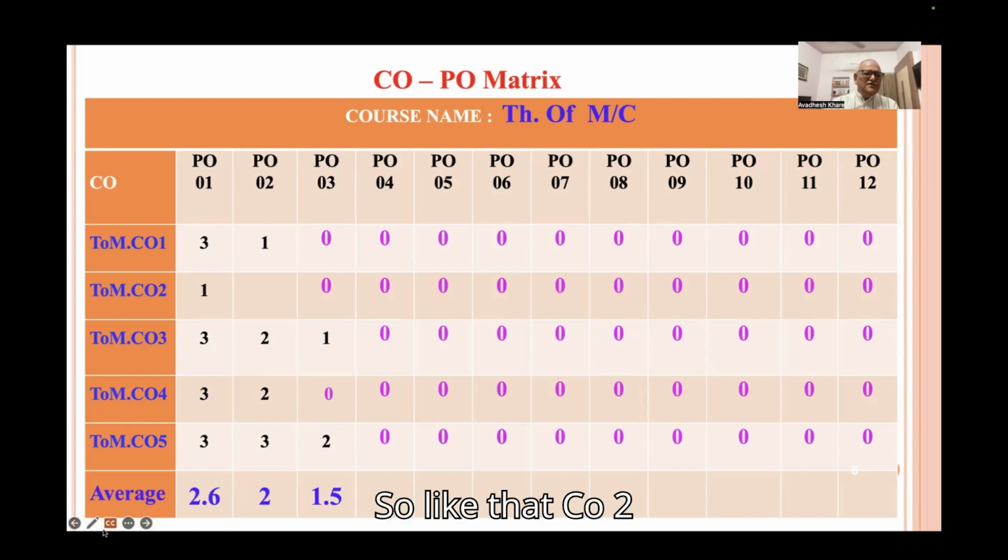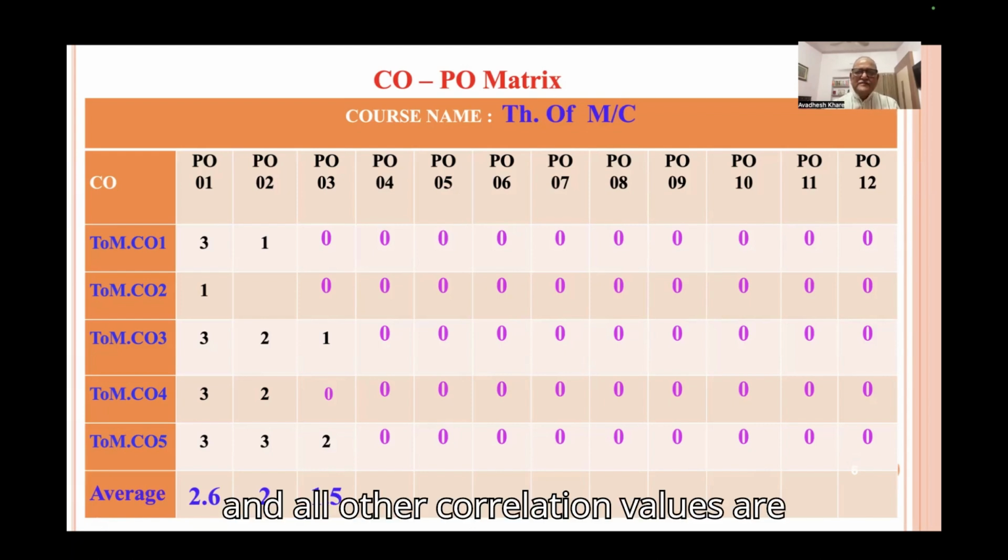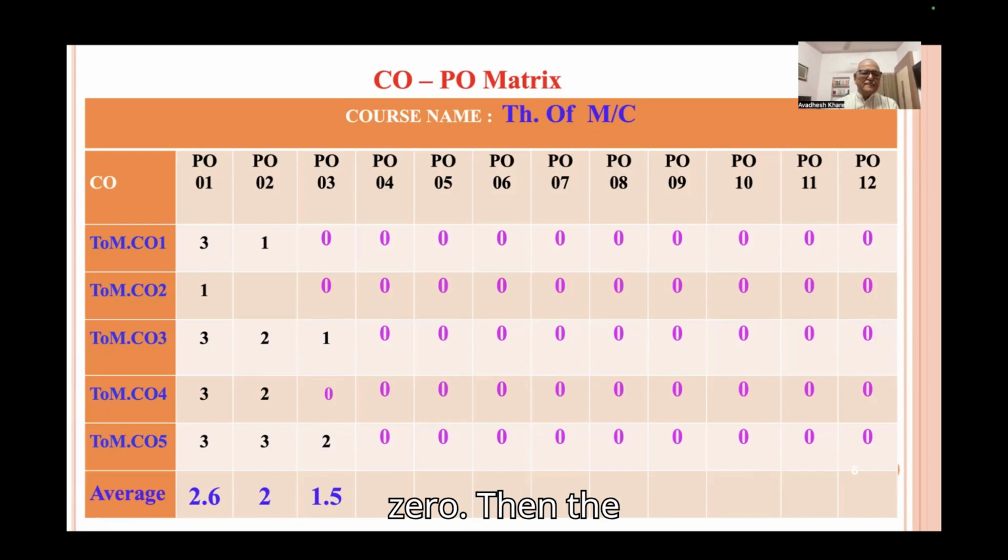Like that, CO2 is correlated to PO1 at level 1. CO3 is correlated to PO1, 2 and 3 at levels 3, 2 and 1 respectively. CO4 is correlated to PO1 and PO2 at levels 3 and 2, and CO5 is correlated to PO1, PO2 and PO3 at levels 3, 2, 1, and all other correlation values are 0.